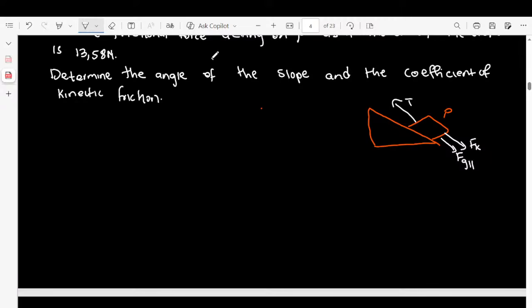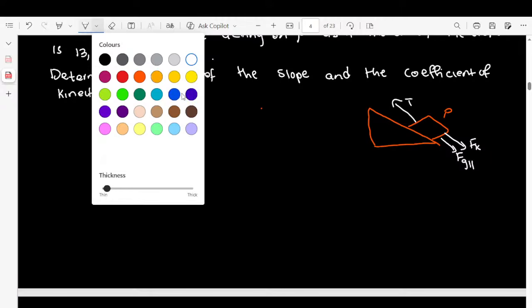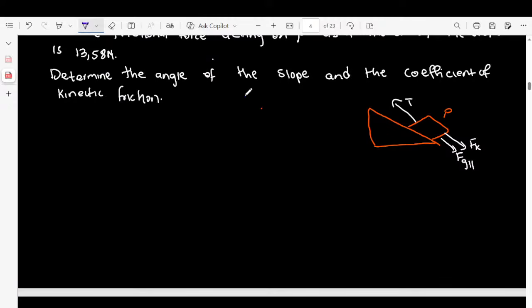So now, when it's like this, I'm going to use Fnet. Let me try to increase my drawing. Nope, this won't work.